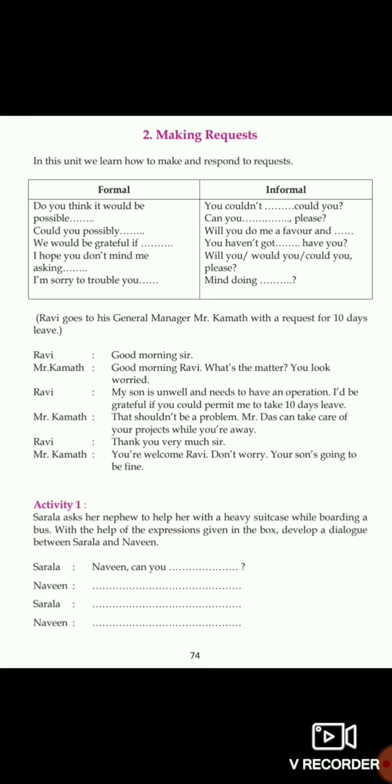Go through pages 74 and 75, and please do activity 1 and 2. Don't copy the same answers which I have done in the video. I want you to develop the dialogues in your own sentences by using different kinds of expressions.